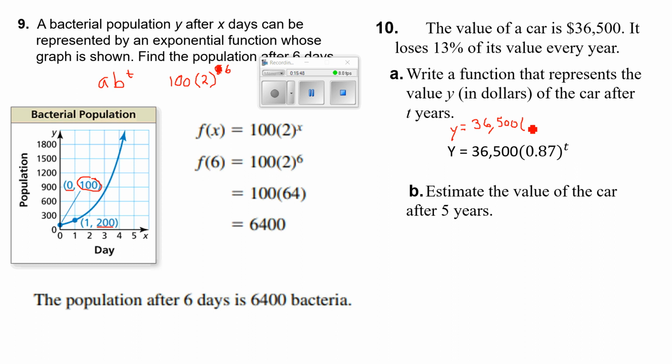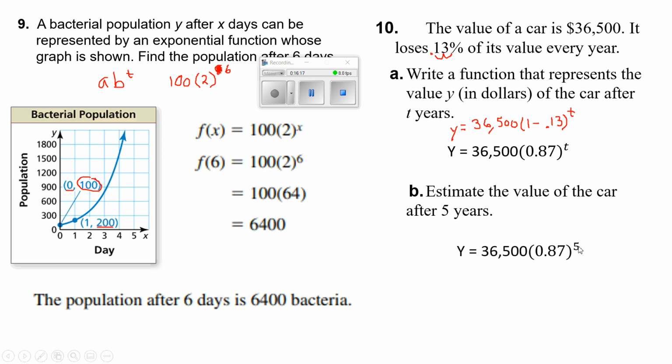It would have been times 1 minus 0.13. We move in that decimal 2 places to turn it from a percent to a number, right? And then to the t. And 1 minus 0.13 is 0.87, okay? That's the function. Now, estimate the car value after 5 years, we're turning that t into a 5, right?